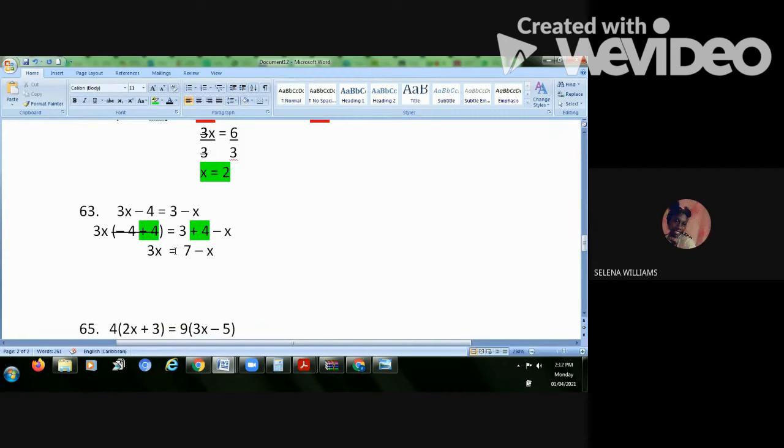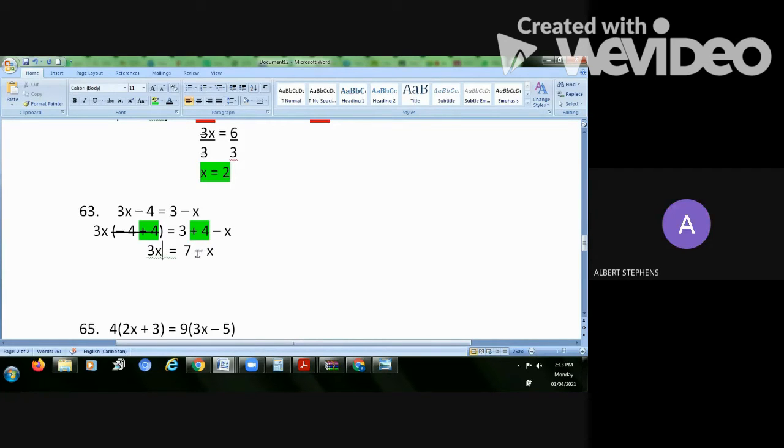What next? So, if you continue? Remember that we have an x on the left and an x on the right, so you need to group all x's together. We need to get rid of this on the right hand side, so it can go on the left.